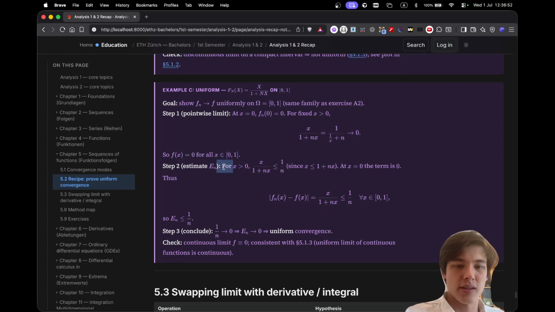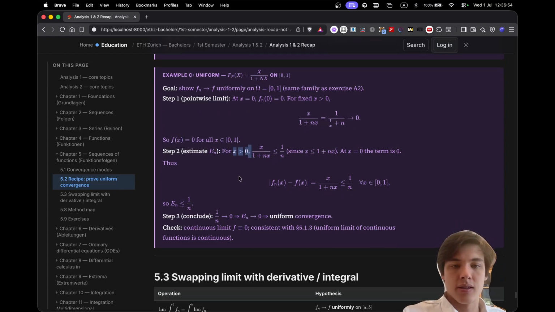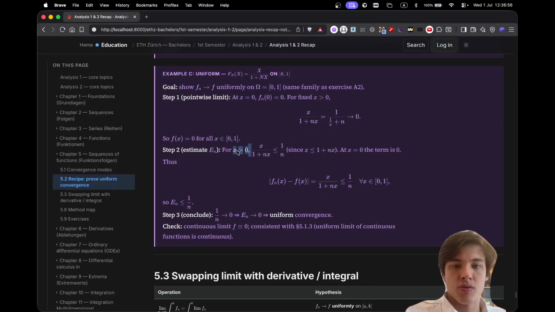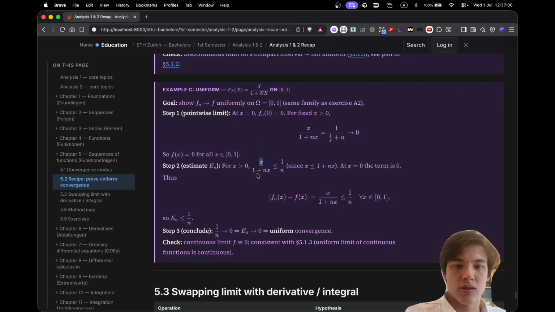And then we start estimating f_n for an x larger than 0. x over 1 plus nx is smaller or equal to 1 over n. So we can use this here. Because yeah, it's like this one, right?